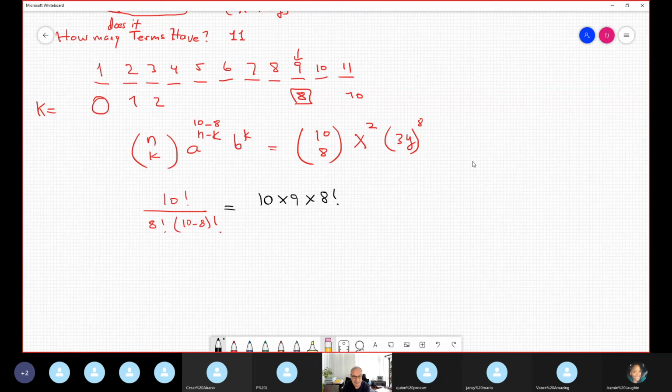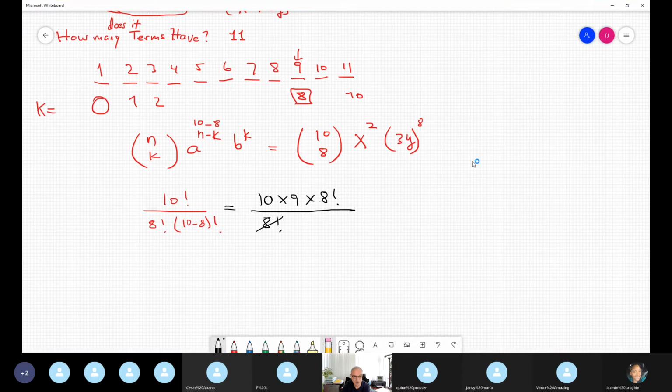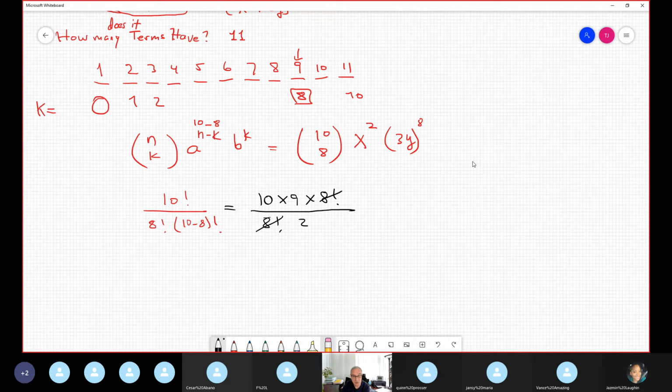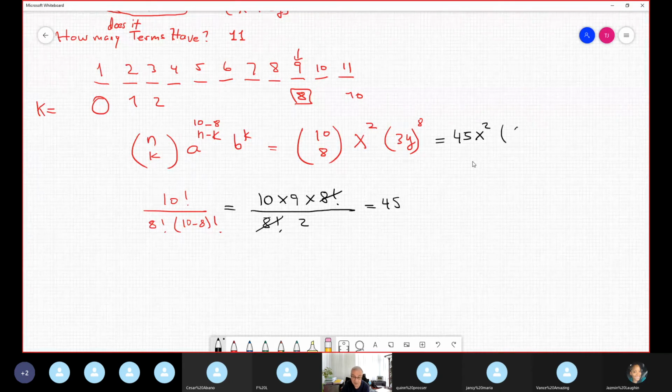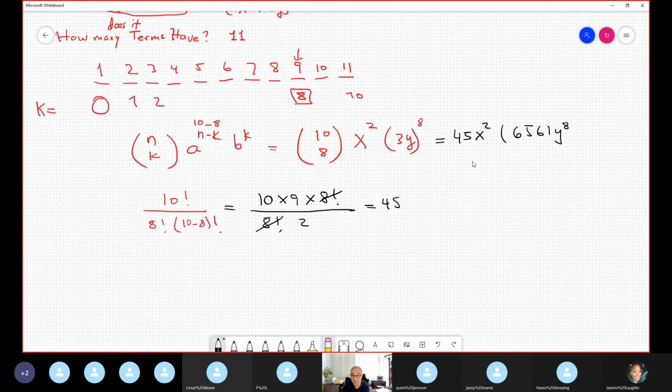I expand until you get the big number at the bottom, 8 factorial, because I know that this and this cancel. And this is 10 minus 8 is 2 factorial, and 2 factorial, I know that is 2. 90 divided by 2, 45. That number is 45. 45 x squared, and 3 to the 8th power, woof, I put in the calculator, it's hard, it's 6,561 y to the 8th power.